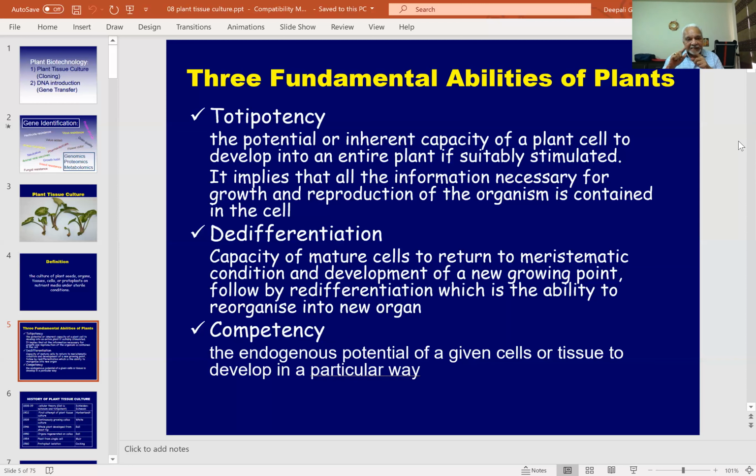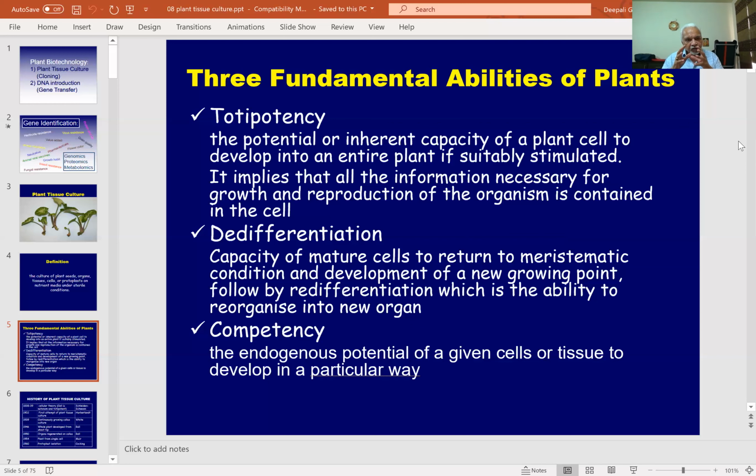And then this dedifferentiated cell or mass of cells, what we call callus, is capable of redifferentiation into the organs, again, like shoots and roots, and then later on flowers and seed set.